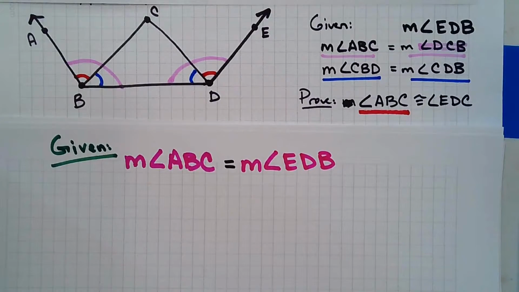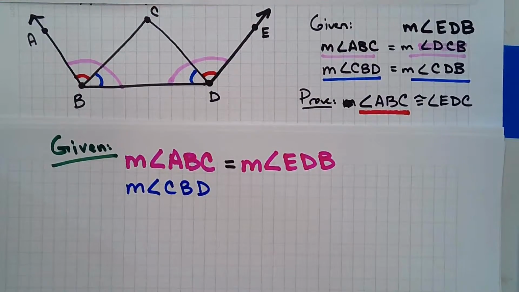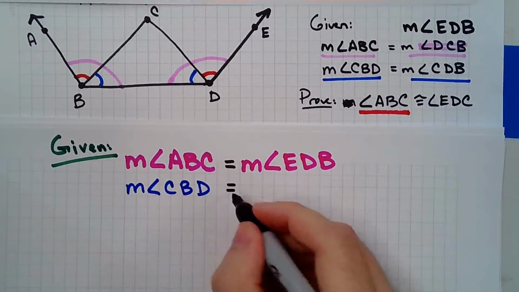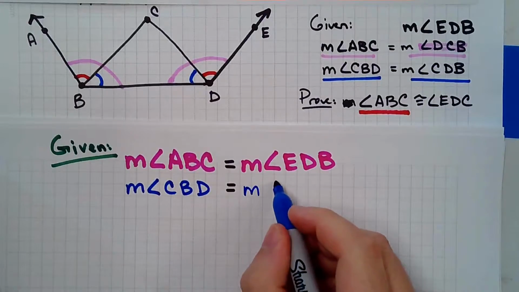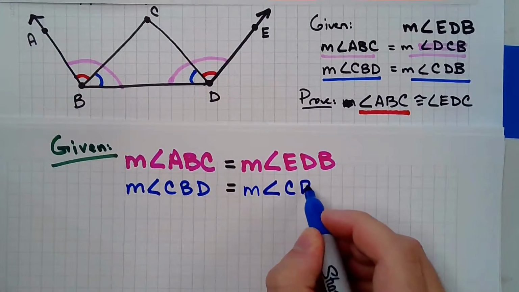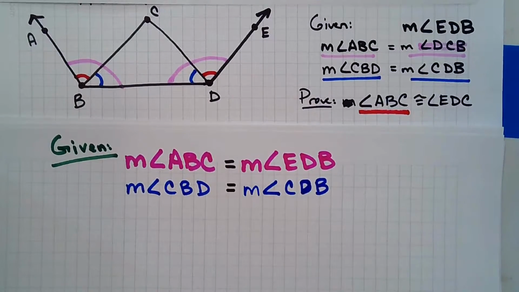That's all they're saying. They also tell us that the two blue angles are congruent. That's CBD. And CDB. That's a D. Cool. So these two are equal.